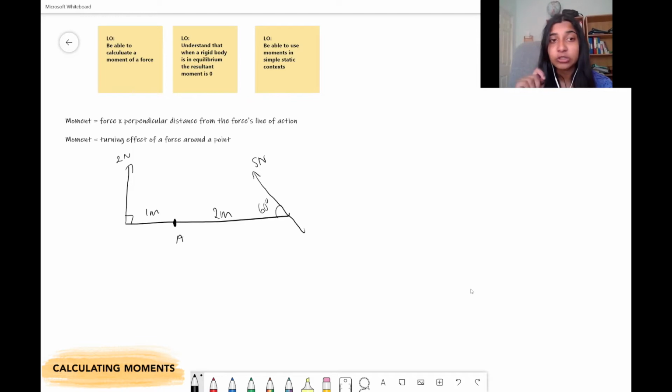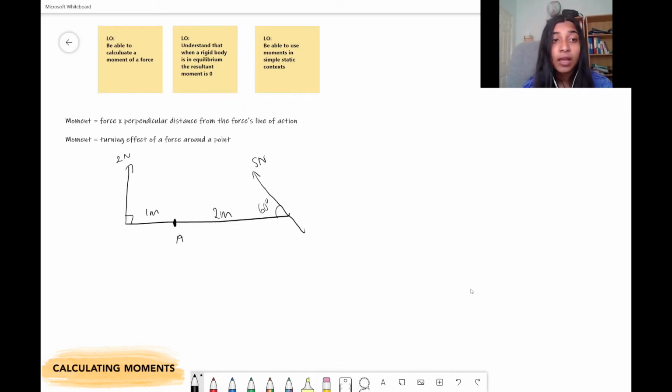Clockwise is the clockwise turning effect of a force around a point, and anti-clockwise is the anti-clockwise turning effect of a force around a point, and that means the sum of the moments is just your anti-clockwise moments plus your clockwise moments. So as always, your force times your perpendicular distance from the force's line of action.